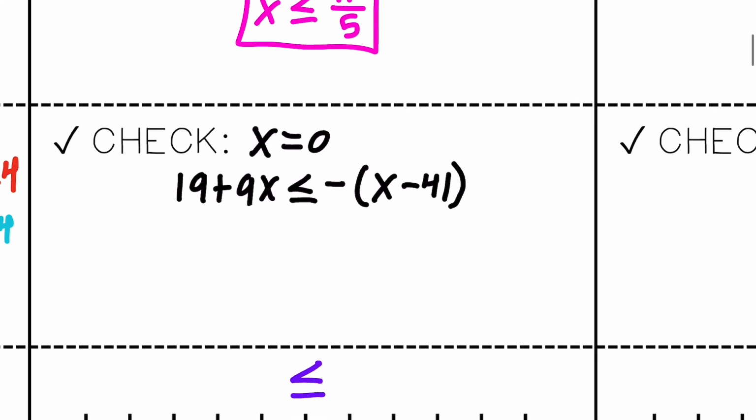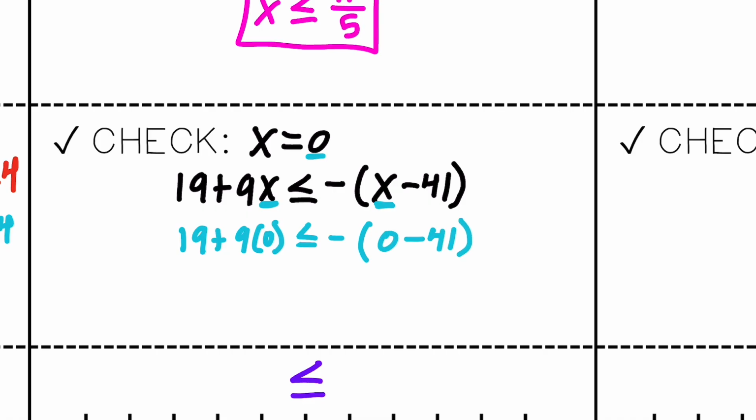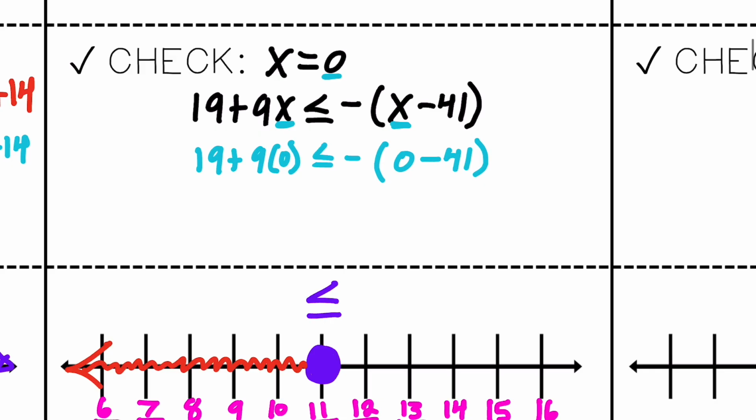Alrighty, and then again, we are going to be replacing these x's with 0. So let's take a look. 19 plus 9 times 0 is less than or equal to negative parentheses 0 minus 41. Anything times 0 is just 0, so that goes away.